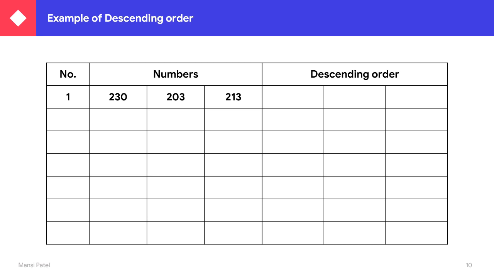Then in 203, it's 0. And in 213, it is 1. So among these three numbers, which one is the largest that you have to write down first? So your first largest number is 230. Then second largest is 213. And then the rest, that is 203.